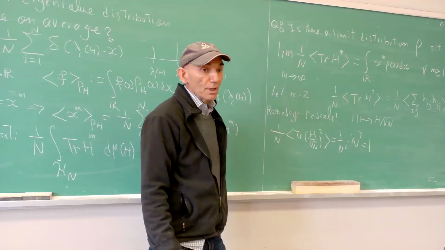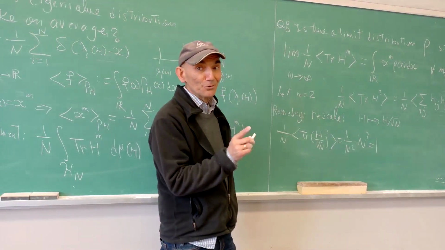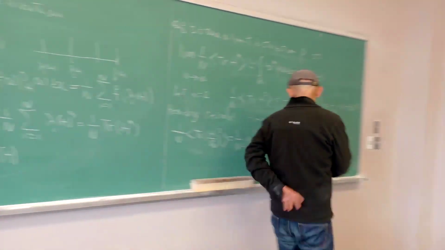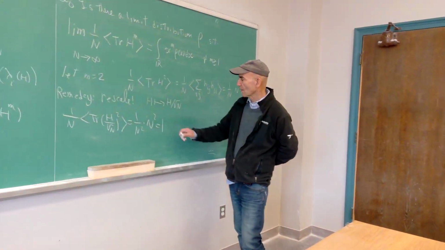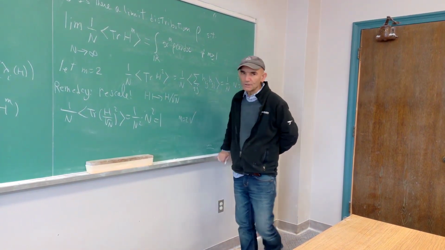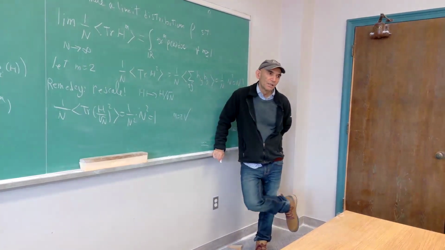So this is very good, but this is only for m equal to 2. We rescaled one of them only, right? So this works for m equal to 2. That cures the problem at m equal to 2.